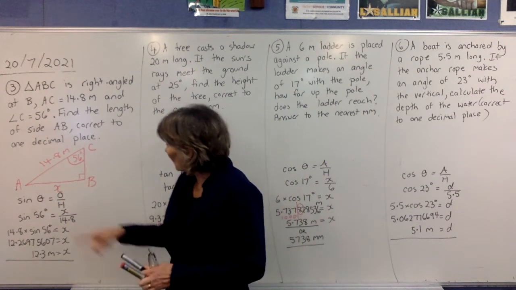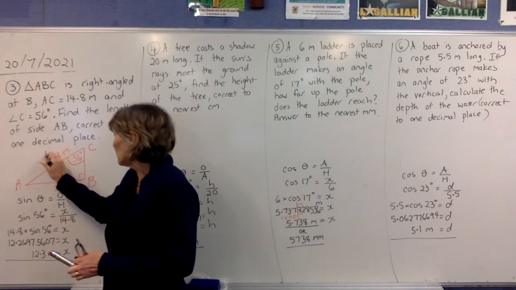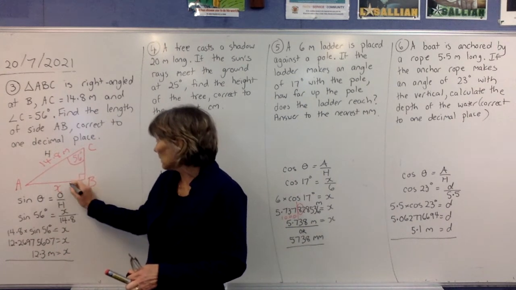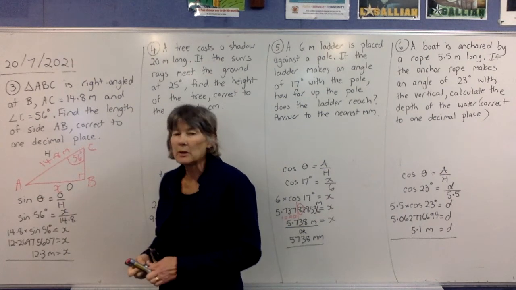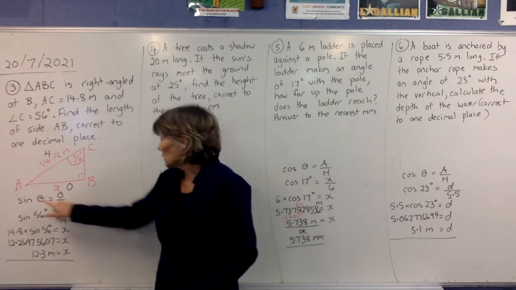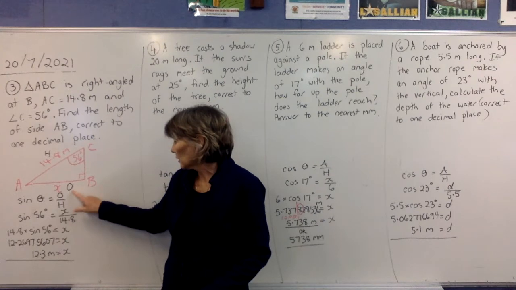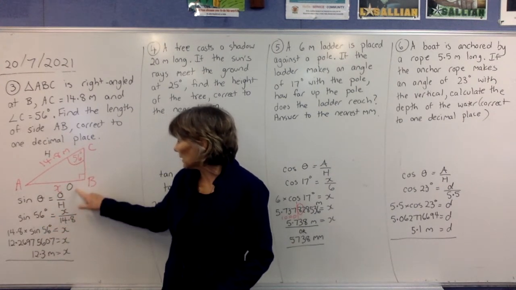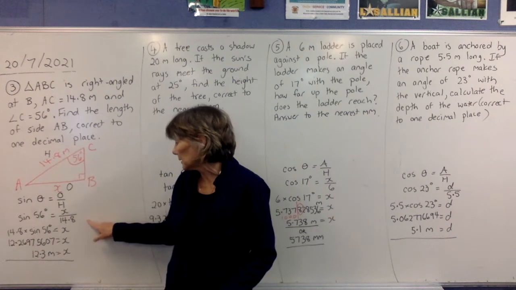So we're going to label this side here, that's the hypotenuse. And we're going to label this one down here, which is opposite that angle. And we're going to be using sine. So sine theta equals O over H. Sine 56 degrees for our angle equals X over 14.8.